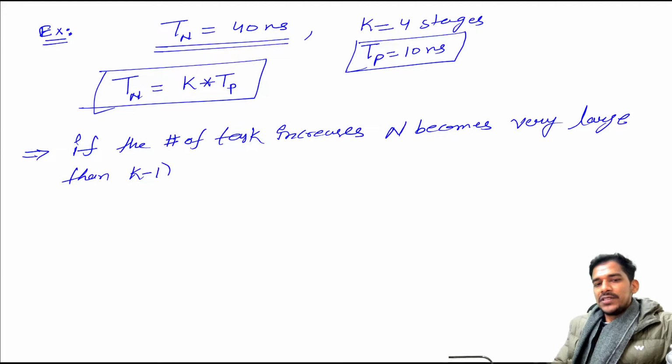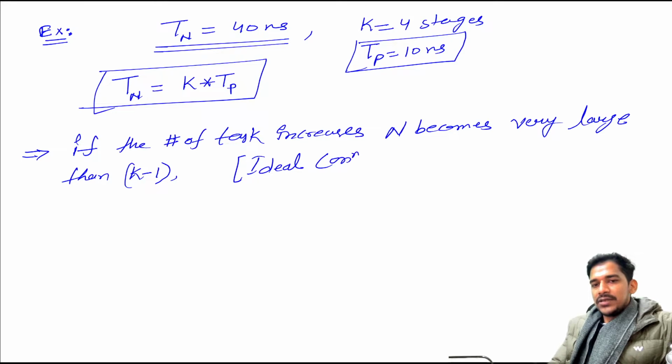You know that the number of stages will be 4, 5 or 6, and if you have millions of instructions, then k minus 1, if k equals 6, will be 5. So 5 in comparison to a million is actually a very small value, right? So this is called the ideal condition, when you have a very large number of instructions.